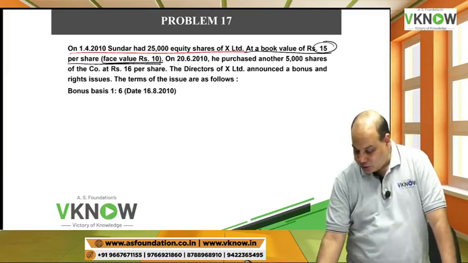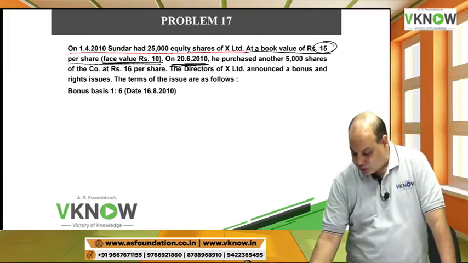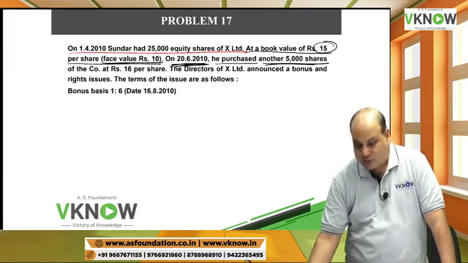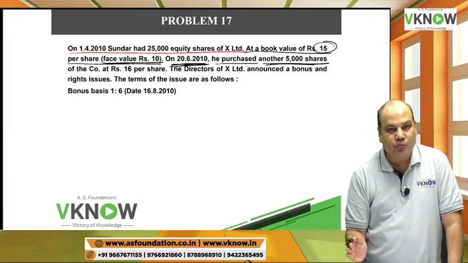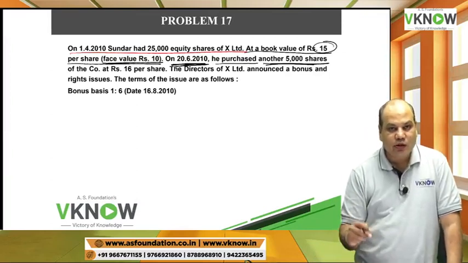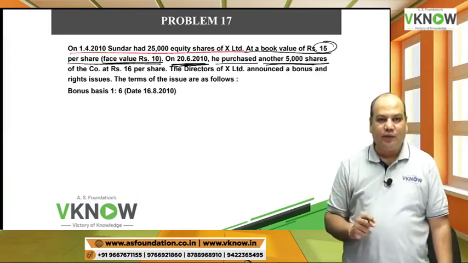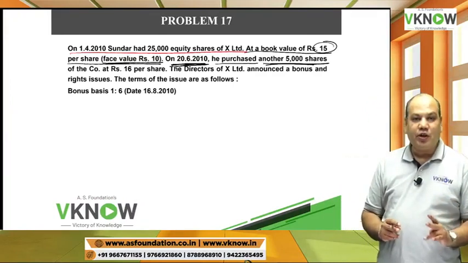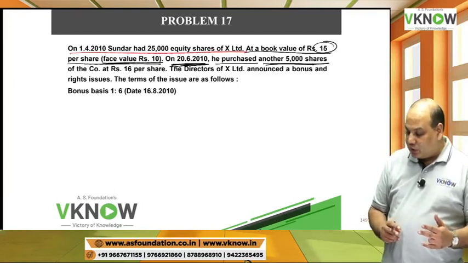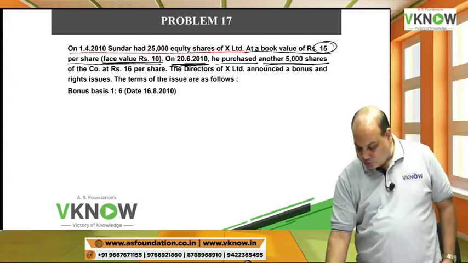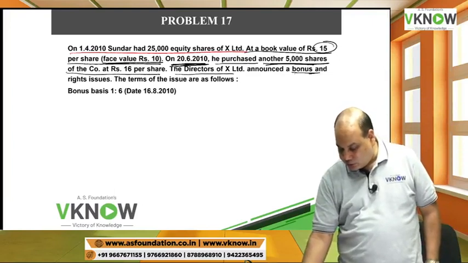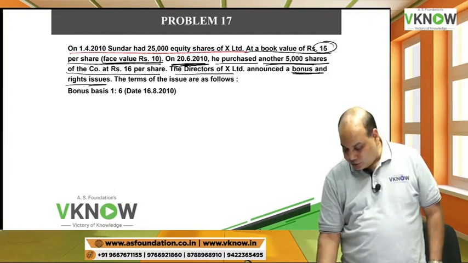On 20th June 2010, he purchased another 5,000 shares. The question is similar to the previous problem, but this time they have given it in the form of a paragraph. So first, opening balance we have 25,000 shares at 15 rupees. Then another 5,000 purchased at 16 rupees. The directors of X Limited announced a bonus and right issue.